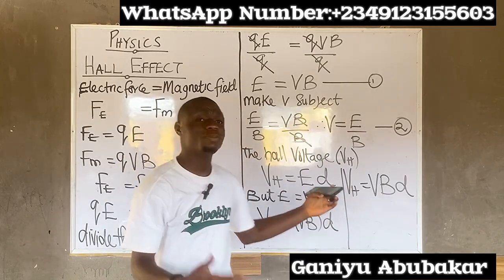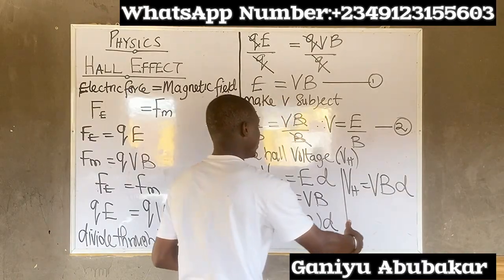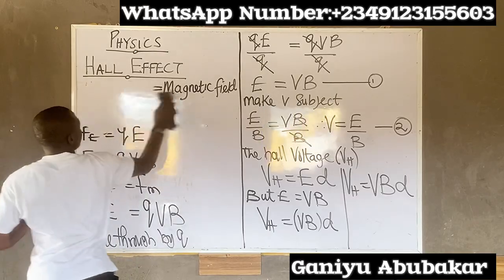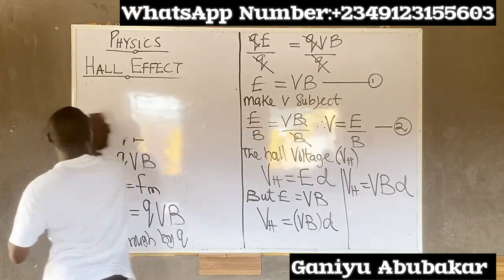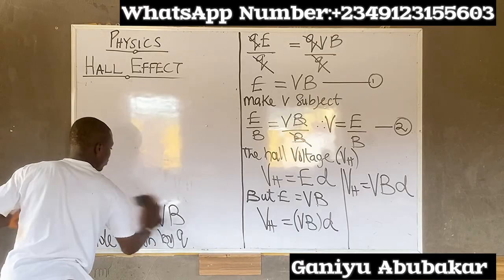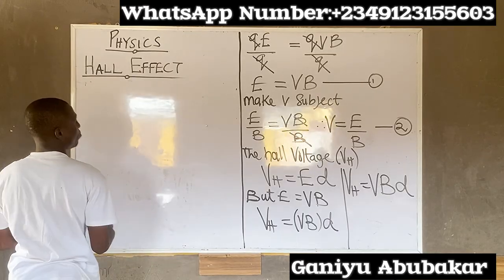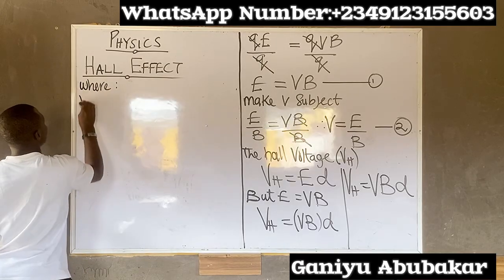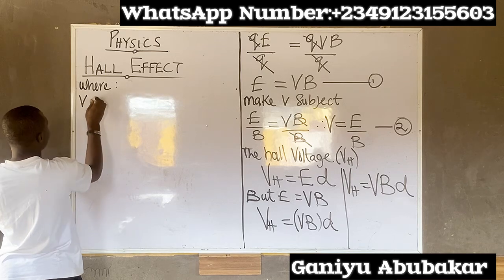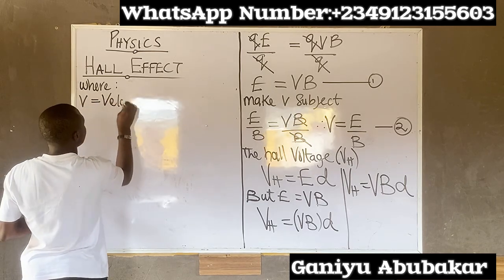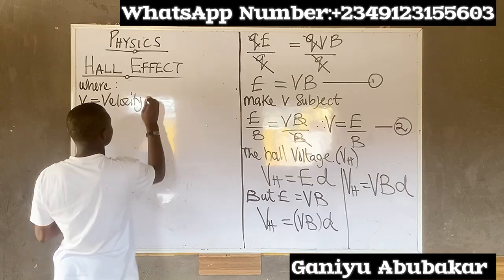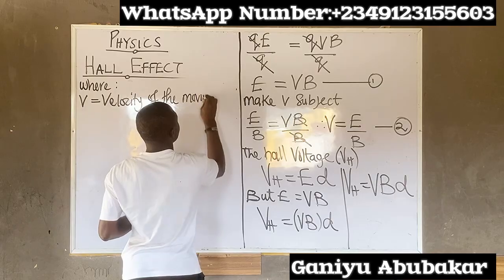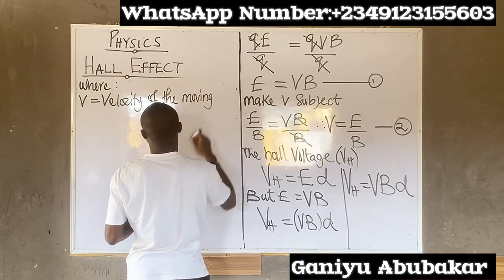What's V? Let's try to get what each term means and proceed. V means the velocity of the moving electron.